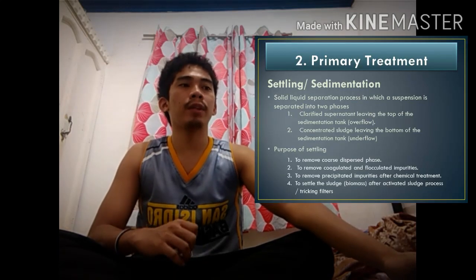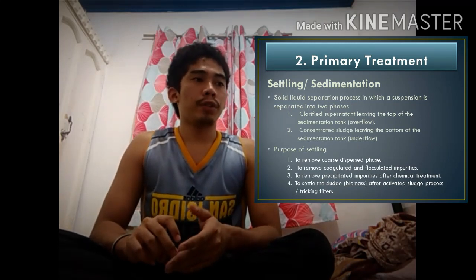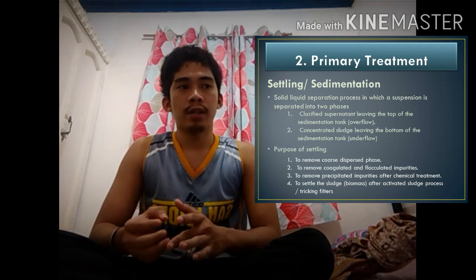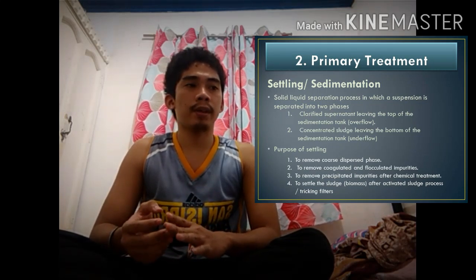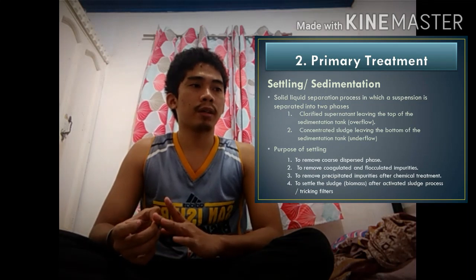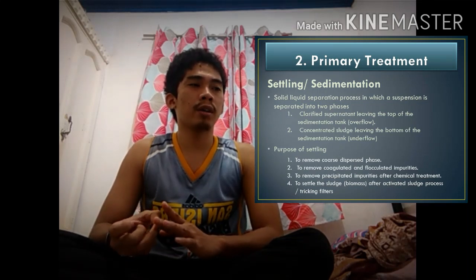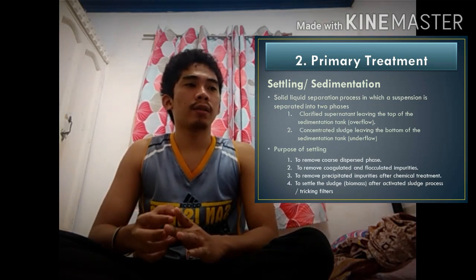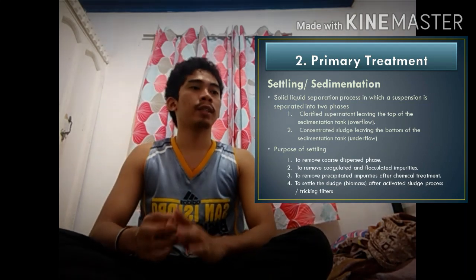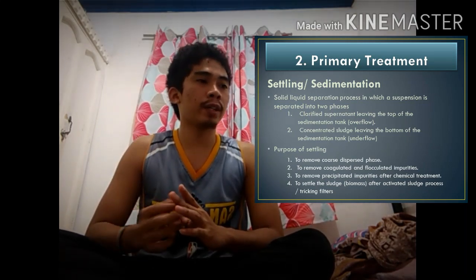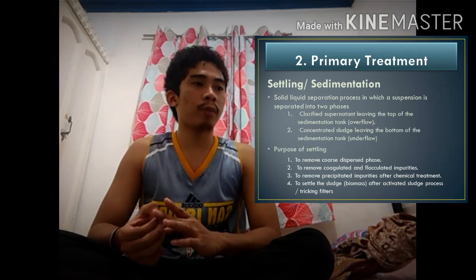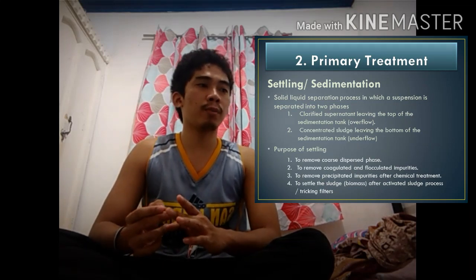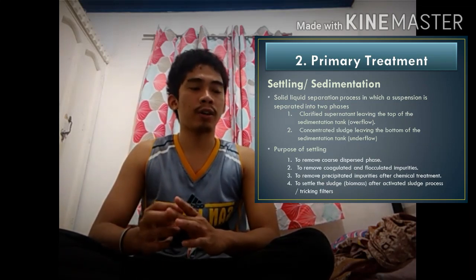Settling or sedimentation is a solid-liquid separation process in which the suspension is separated into two phases: either the clarified supernatant leaving the top of the sedimentation tank, or the overflow, or the concentrated sludge leaving the bottom of the sedimentation tank, or the underflow.